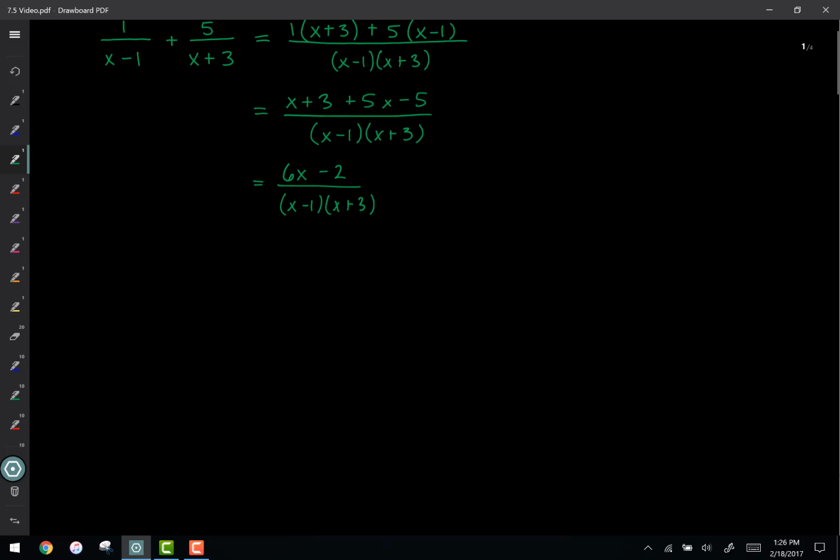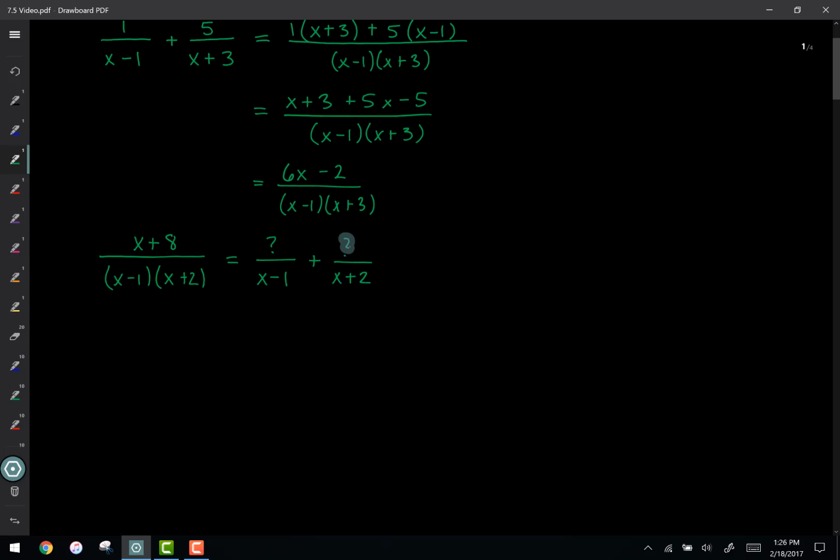So in other words, if I start off with, say, x plus 8 divided by x minus 1 times x plus 2, how can I break this apart into something that looks like this? It's probably the worst question mark I have ever written.